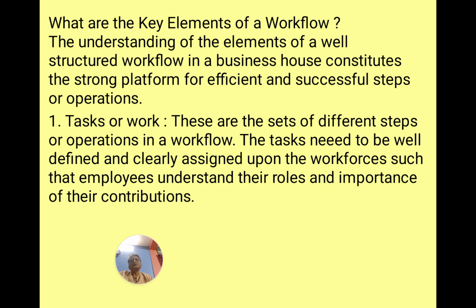My dear sons and daughters, in the last video, I was discussing the definition of a workflow found in most business organizations, and some of the types of workflow which describe the workflow from different perspectives.